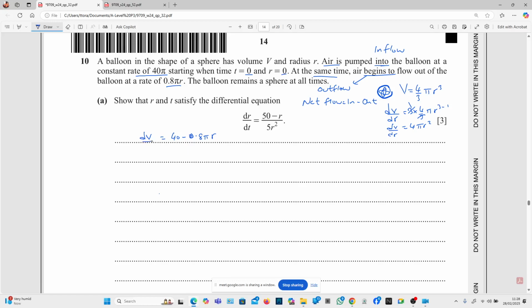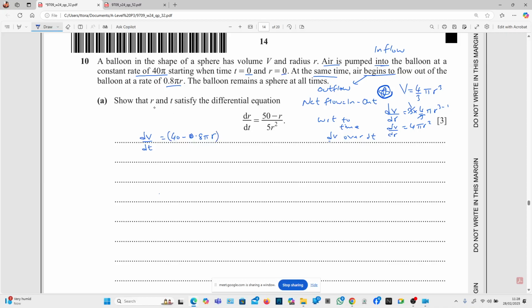So we have dV with respect to time, meaning volume is changing over time, dV over dt. So this is what we have basically. Now this is the net flow.